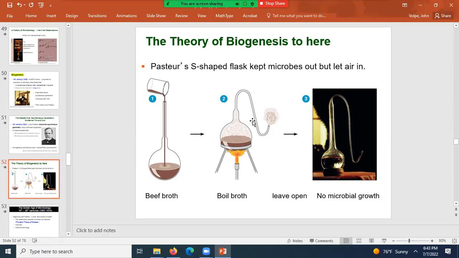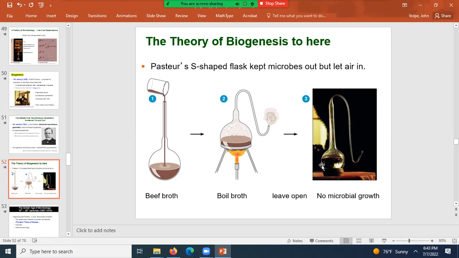And then he left this tube open to the air, so the vital force could get into the media, but he saw no turbidity. There was no growth of the microbes in the swan neck.